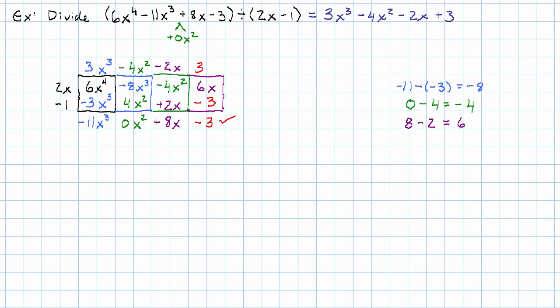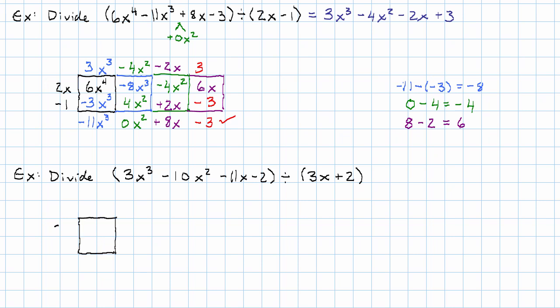I'm going to give you one of these to try. Divide these polynomials. Pause the video and try this now. Okay, so we begin by setting up just the first column of a factoring frame with our divisor off to the left, and the first term of our dividend in the first box.